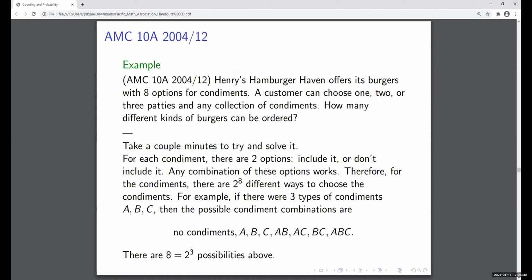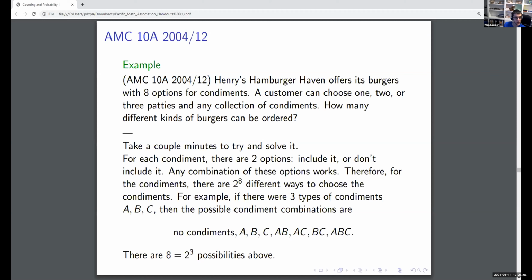I think the question is how we can multiply the 2's to even get to 2 to the 8th before the 3. Oh, because for each condiment, you have the option of adding it or not adding it. So it's important not to think of them as a whole, but to think of them one condiment at a time. Don't think like 0 condiments or 1 condiment or 2 condiments or 3 condiments. You can instead think about it as mustard or no mustard.